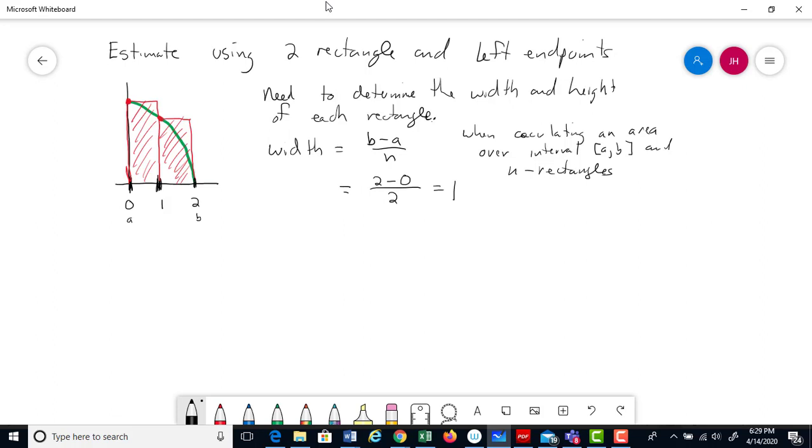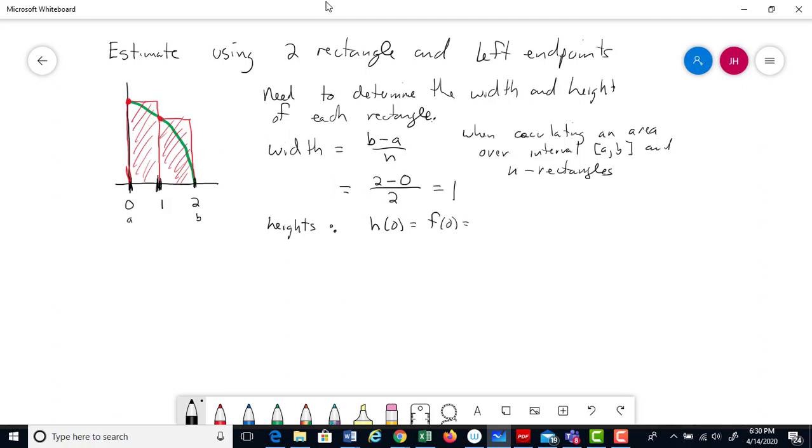Now, in order to find the heights of these things, well, the heights are the evaluation of the function at our left endpoints. So the first height, at 0, is going to be the function at 0.